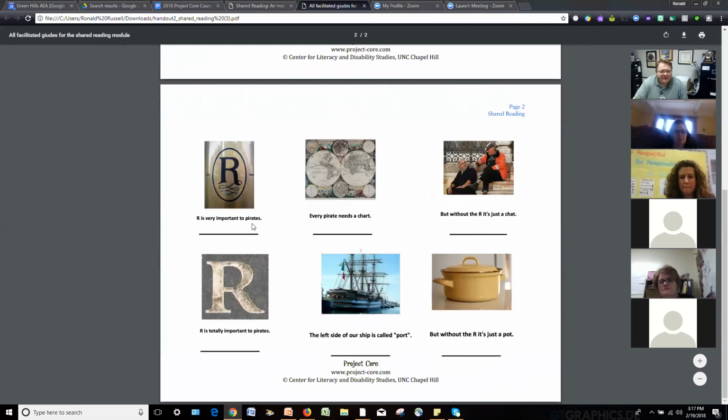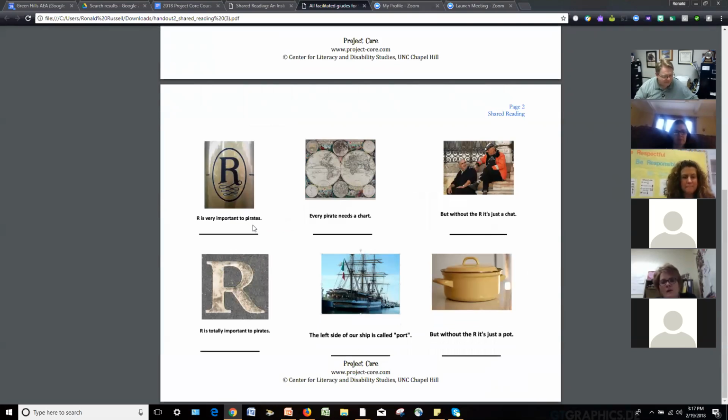What about the next page? R is very important to pirates. Any thoughts on some planned comments? Something like, can you see the letter R? Okay.